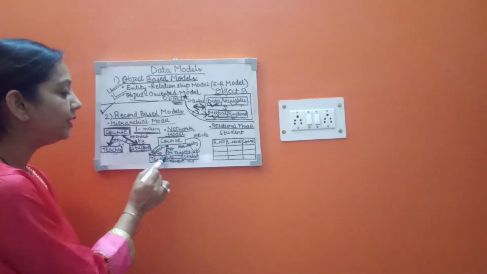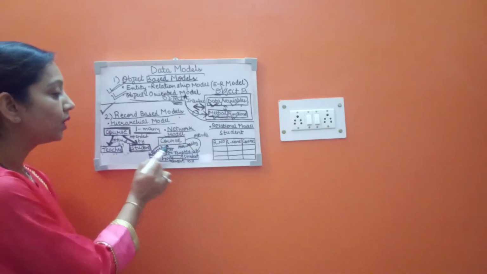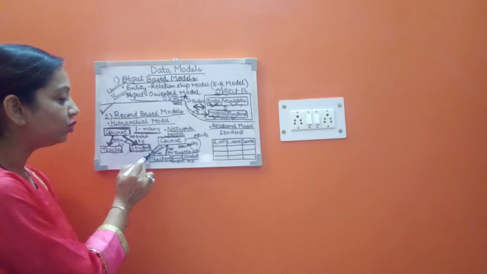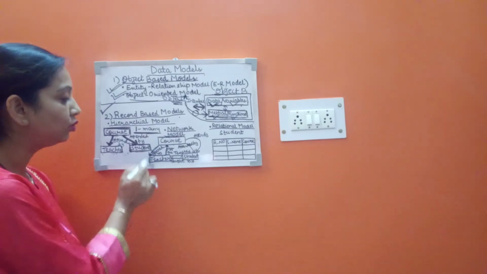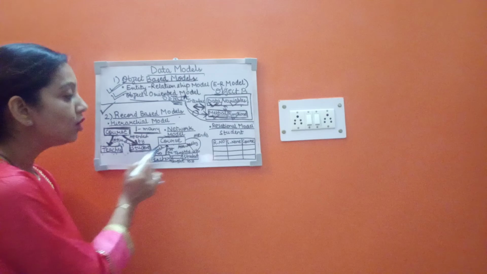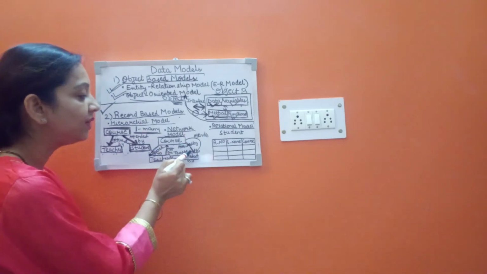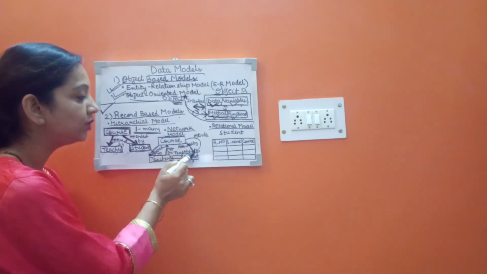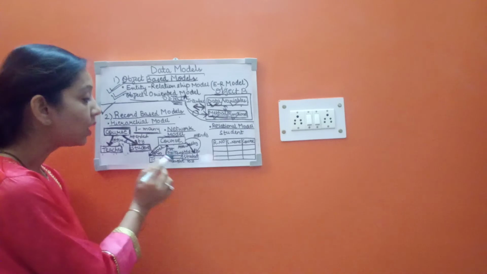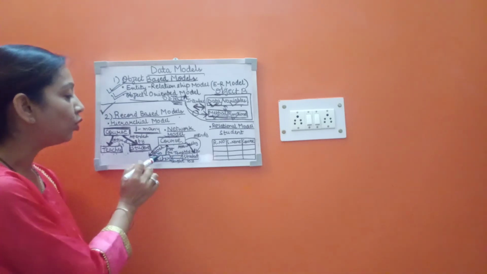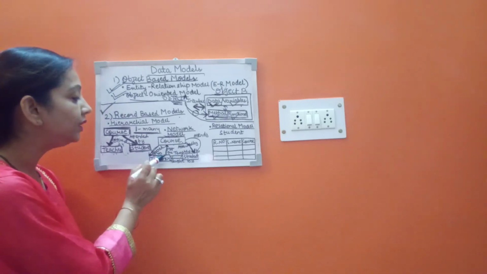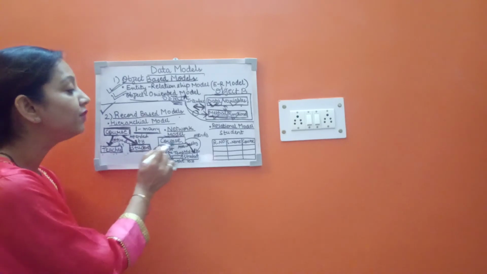Course is a record, teacher is a record, student is a record. Course offered by which all teachers we are able to find out through this association, offered by. Course attended by which all students we are able to find out by this particular association, course attended by students. Now what we were not able to find out was which all courses one particular teacher is offering.